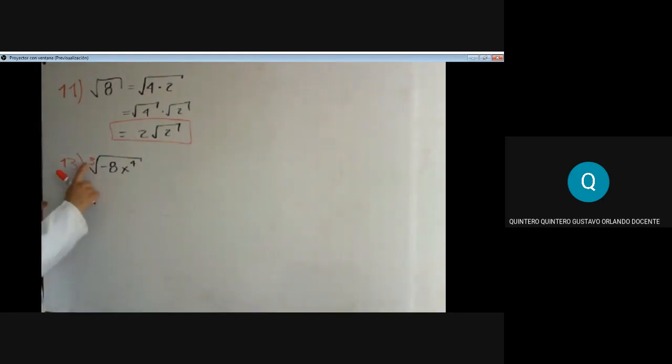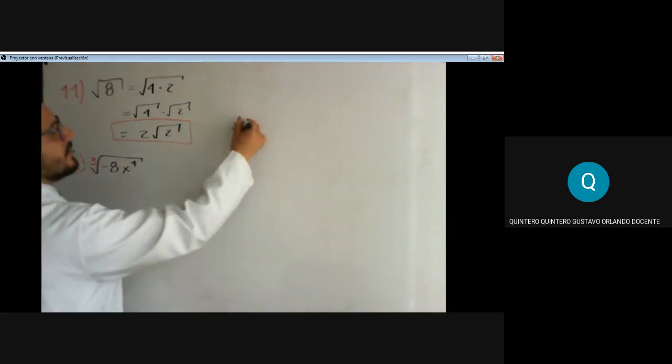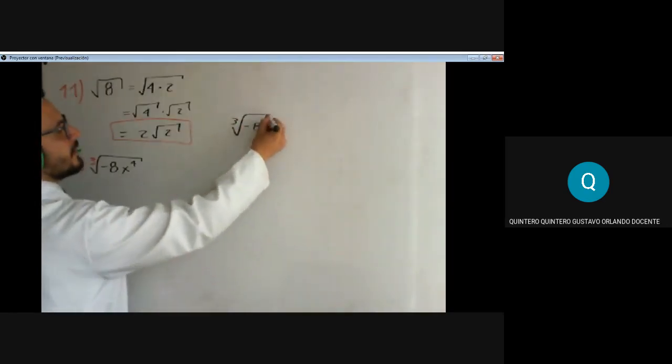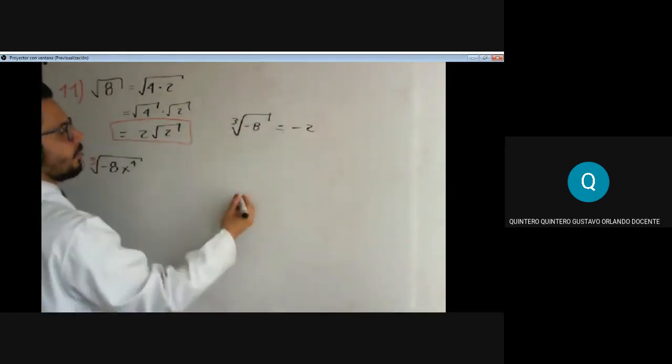Remember, when we are finding these roots, we are looking for a number that multiplied by itself gives you the thing inside the root. So one number multiplied by itself 3 times, because that is the cubic root, gives you -8. As if you had -8, this will be -2.